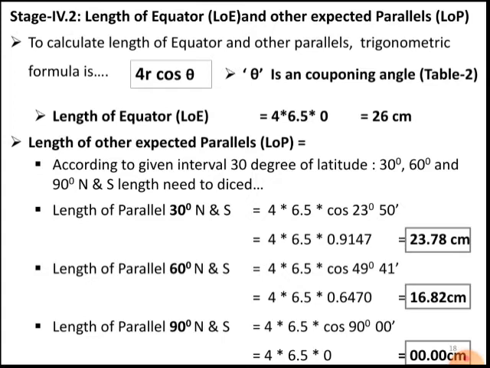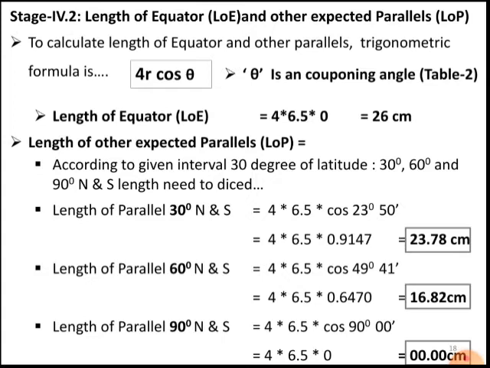So the length of the parallel of 30 degrees north and south is equal to 4 multiplied by 6.5 multiplied by cos 23 degrees 50 minutes. Now 23 degrees 50 minutes is what? It is the corresponding angle, okay, with reference to the 90-degree circle, right, of the 30-degree latitude.